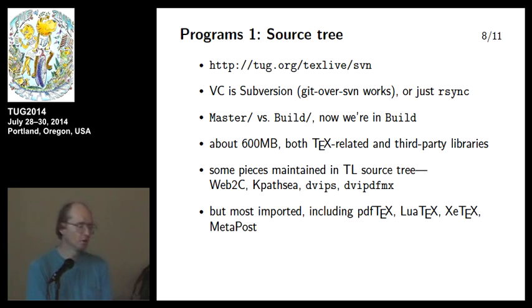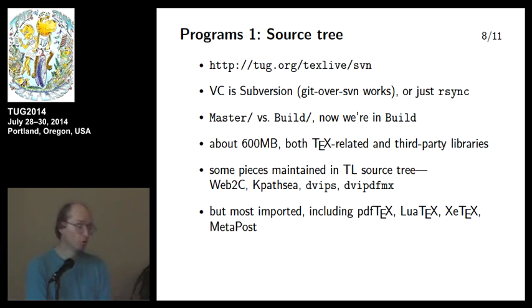That includes obviously all the TeX stuff and lots of third-party libraries that weren't written for TeX at all, somewhat to deal with OpenType and Unicode, plenty of others. I think it's about half and half these days, about TeX and non-TeX stuff. Some parts of the tree are actually maintained in TeX Live, so we're the so-called final upstream for things like the infamous path searching library in dvips and Web2C, which we'll talk about a bit later.